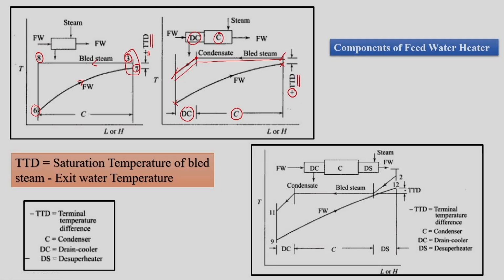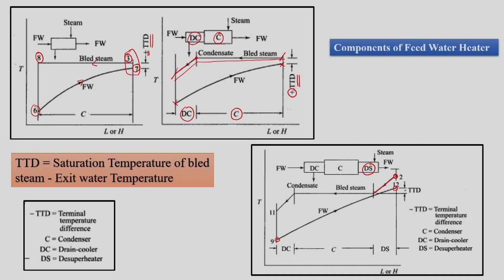However, if we go to a high pressure feed water heater, then the feed water is rising its enthalpy from here to here, but in this process we have bled the steam from high pressure, so it is also at superheated state. So, initially it will have to lose its superheat. So, it is a de-superheater.